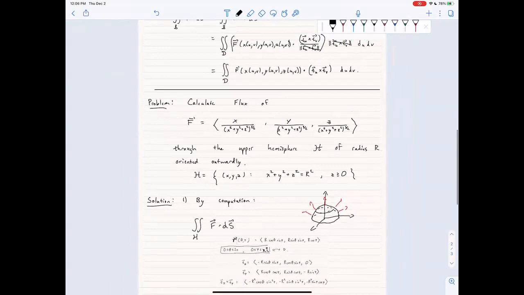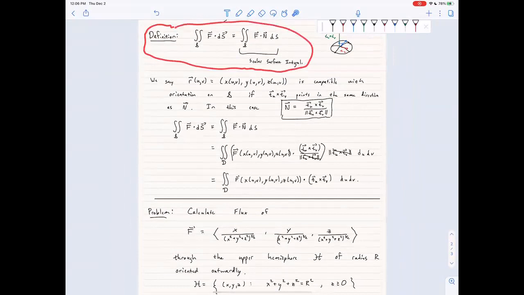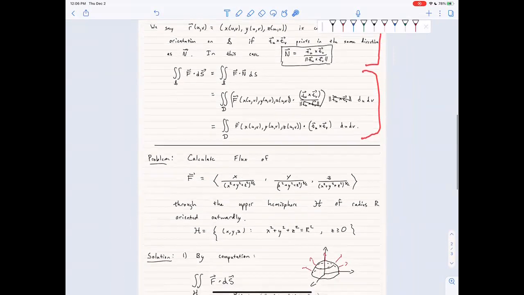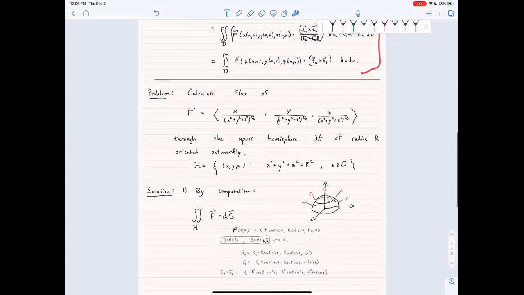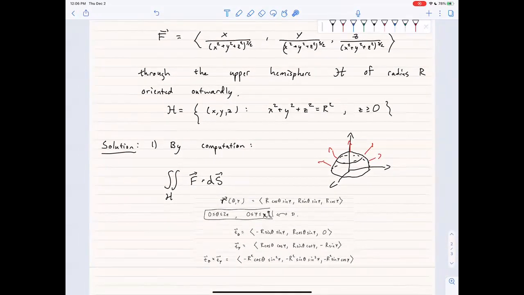So I want to use this formula. We had this definition. Let's recap what we did. I had a little discussion, and then I said, given that discussion, I get this formula. Can I use it in this case? What do you think?